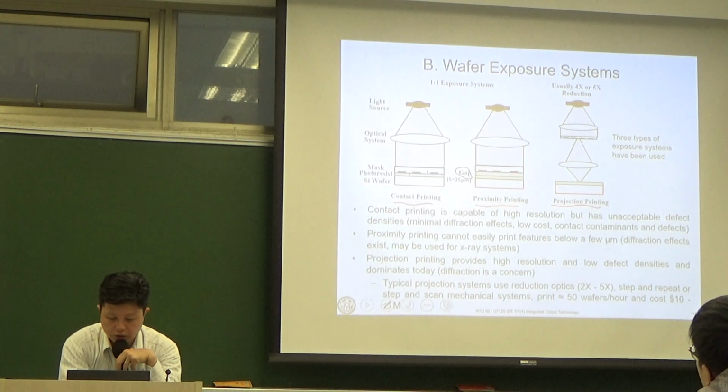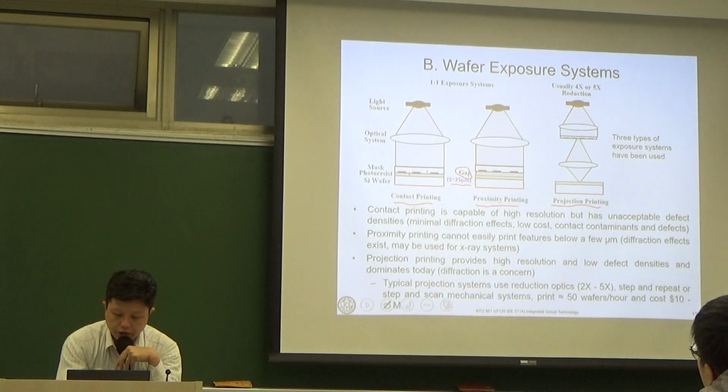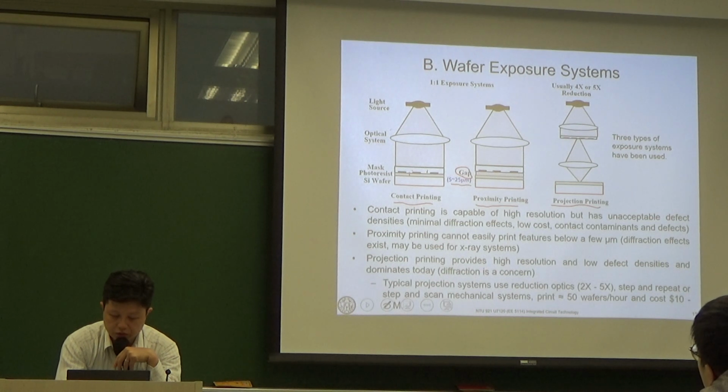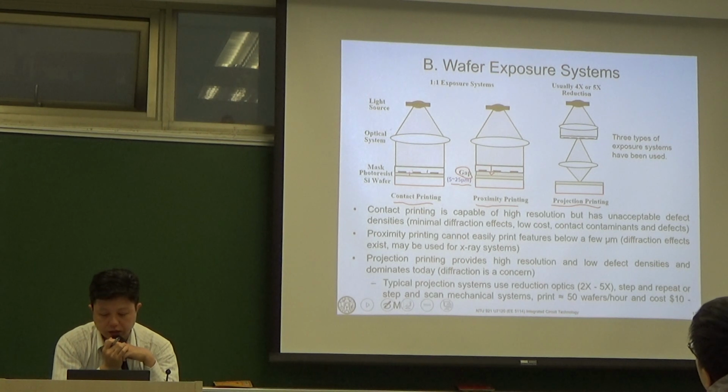And the second one we call proximity printing, which means there's a gap between your mask and your silicon wafer. The gap is from 5 to 25 micron distance. And the light, after it passes through this mask and reaches your silicon wafers, there exists a diffraction pattern, and this we call Fresnel diffraction. So your feature size will be less accurate.